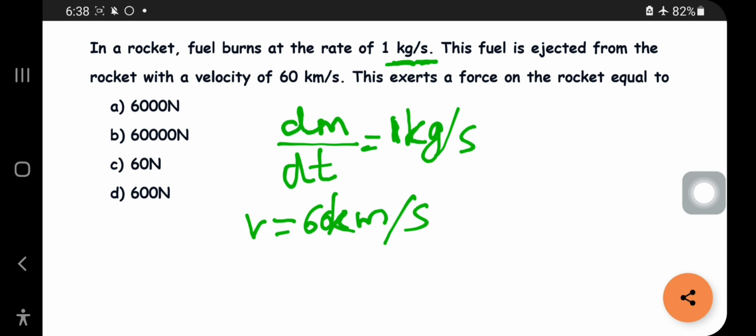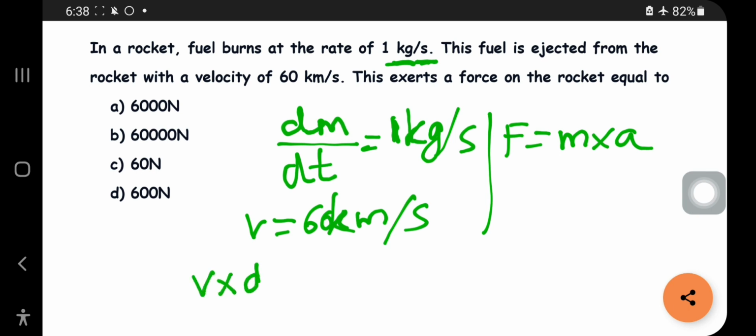The force is given, according to the second law, by mass into acceleration, which here is v into dm by dt. We should convert this velocity to meters per second. Guys, you should know the other formula too. This is the important aspect for which I chose this question.